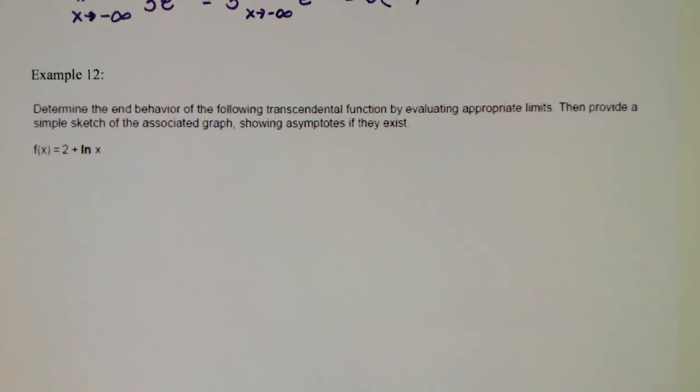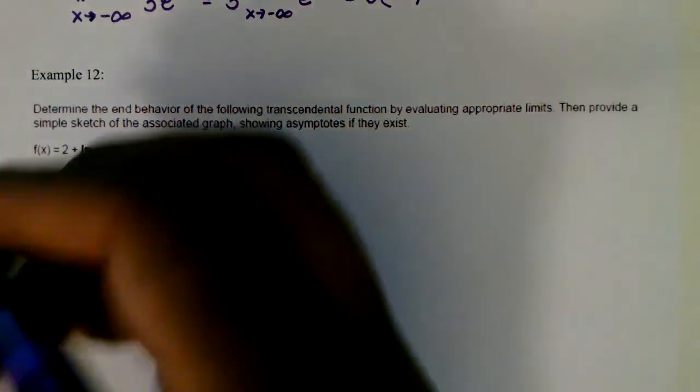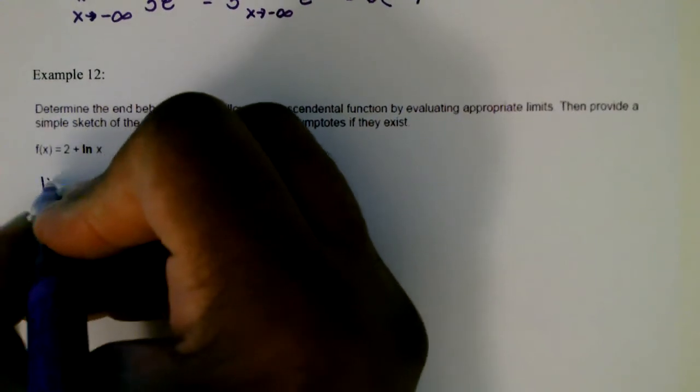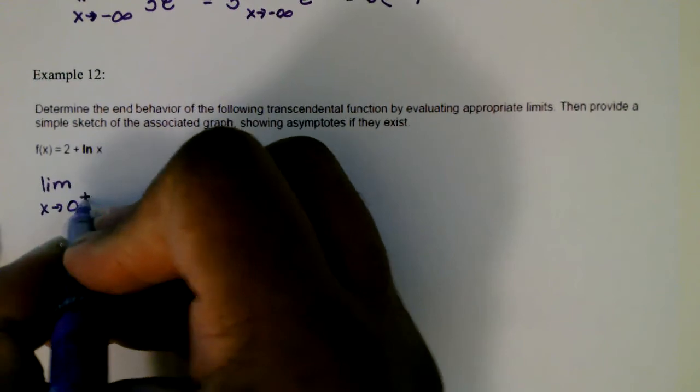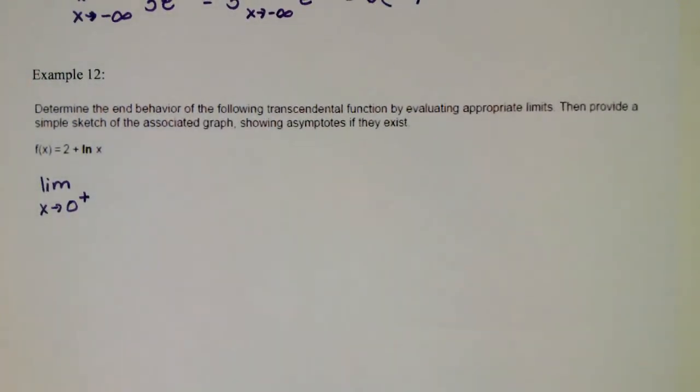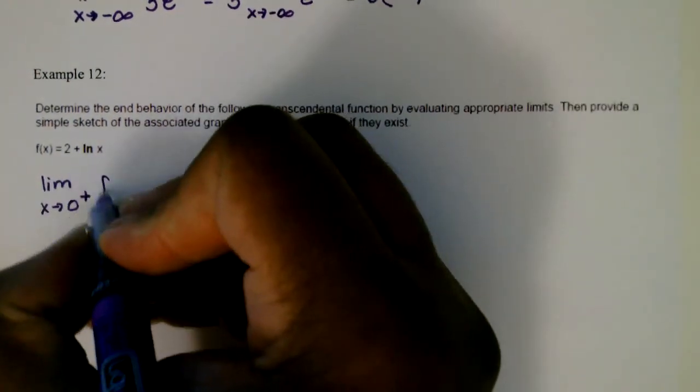All right, so let's say we've got the function f of x is equal to 2 plus ln of x. In this case here, we need to do the limit as x approaches 0 from the right of the function f of x.